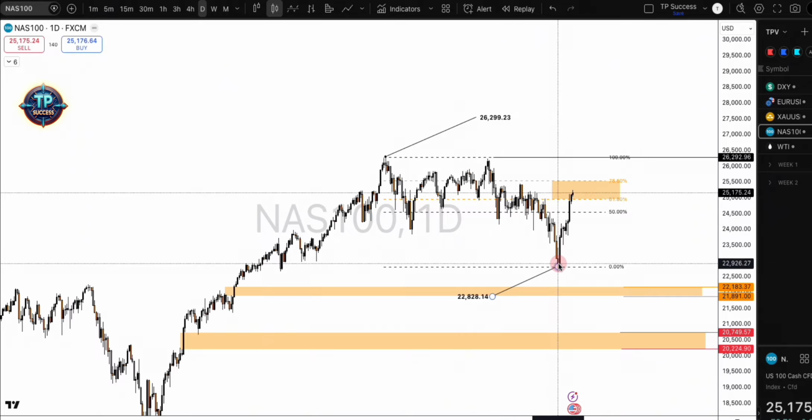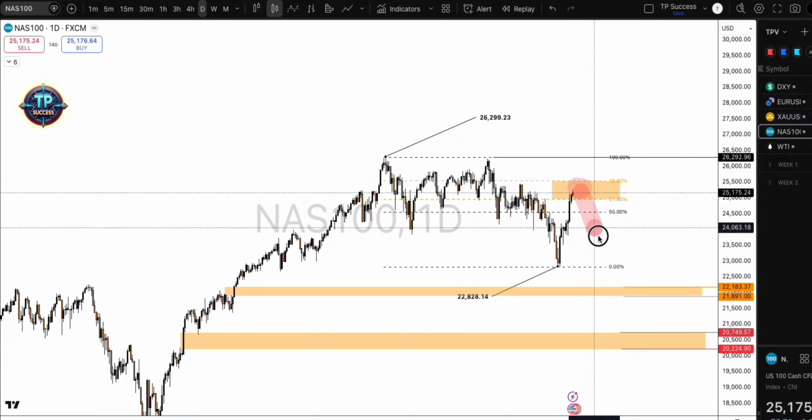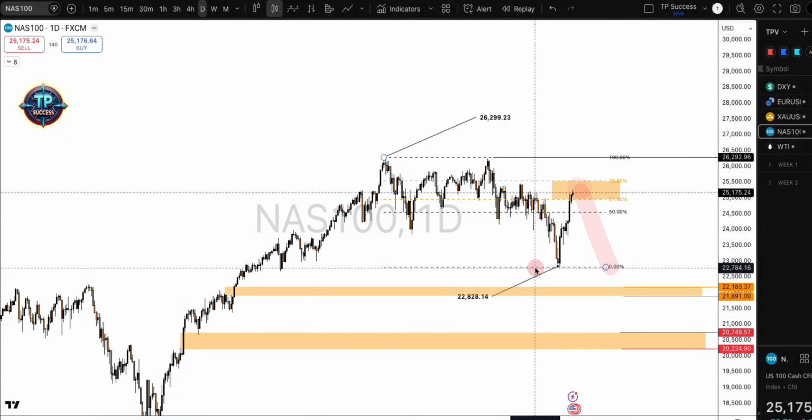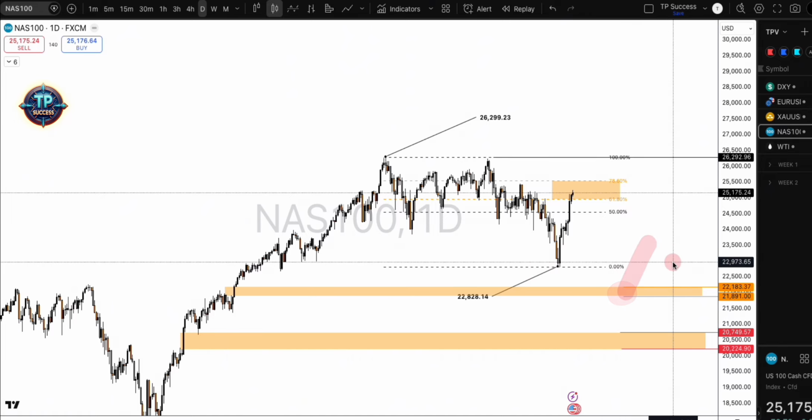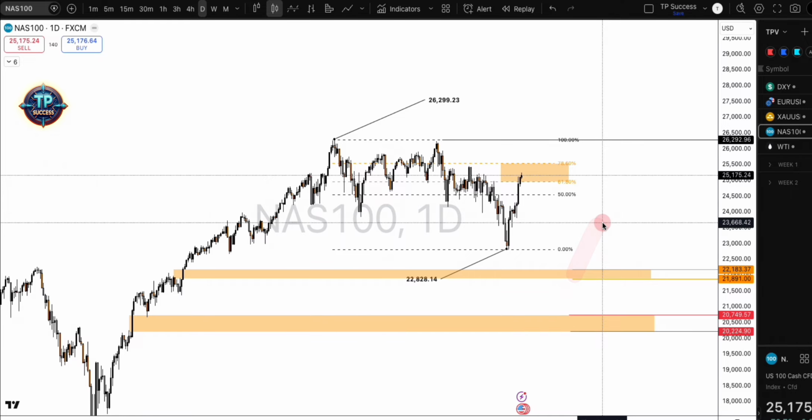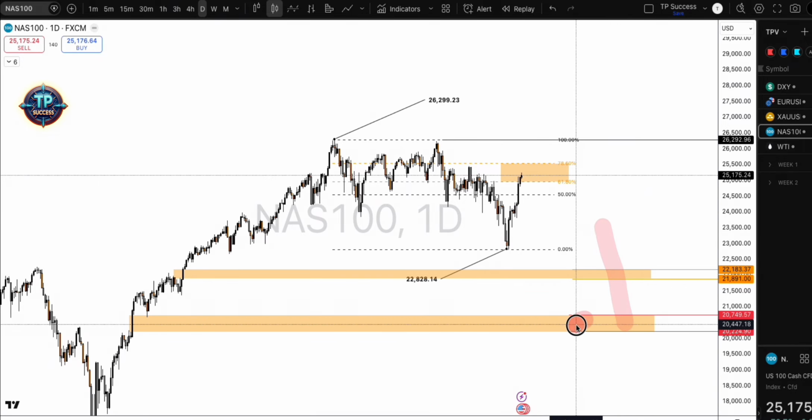So as it stands, we're at the zone right now where we're waiting to see what is going to take place. If price breaks down from this level to make its way downwards, we can expect a break of structure down here, and maybe price lands in this zone before it does another pullback. If it does another pullback and breaks down some more, this is the level that I'll be expecting price to come down into.